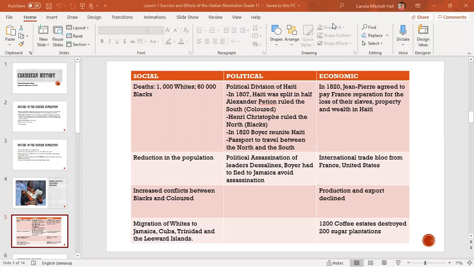The sugar, the coffee, the indigo, all of these different goods, they had nobody to sell to. Because the US said, no, we're not trading with you because you have become a black country and we have nothing to do with black people. France, the same thing, you need to pay us reparation. And that is why Boyer agreed to pay reparation, because he wanted to trade.